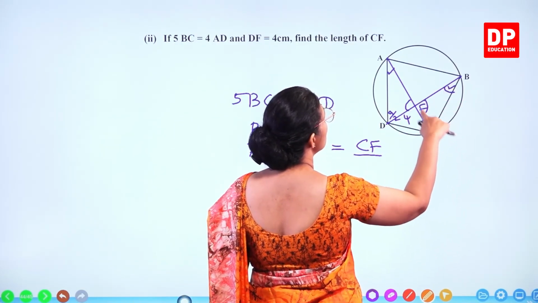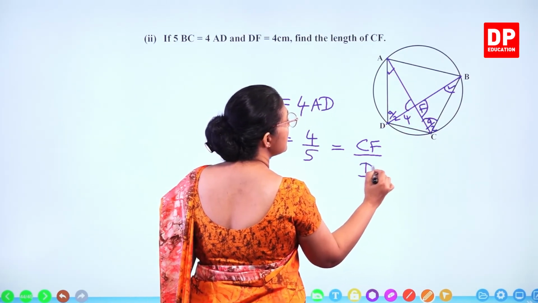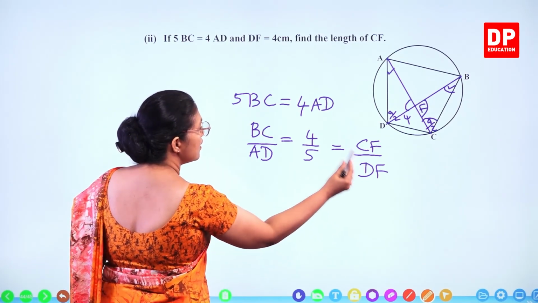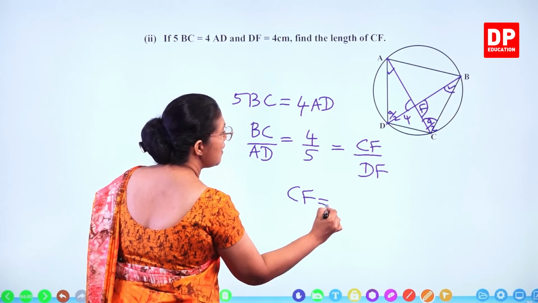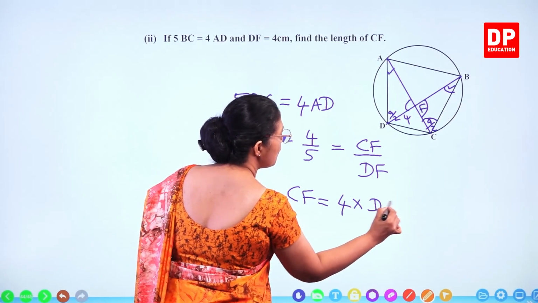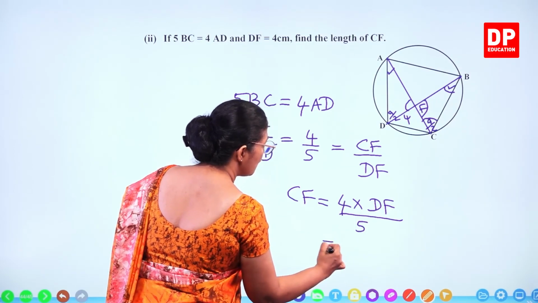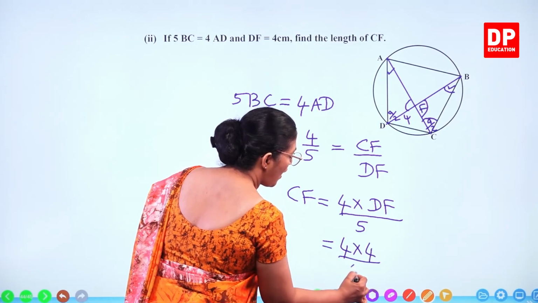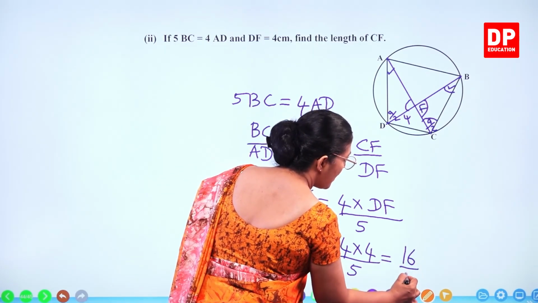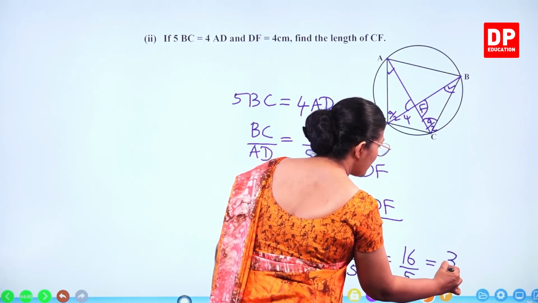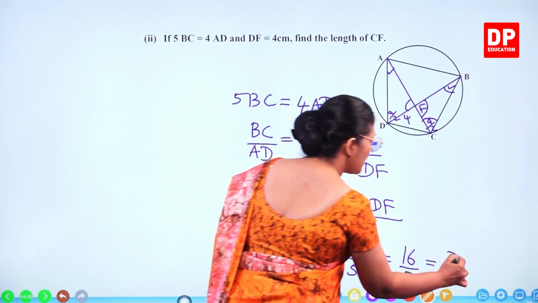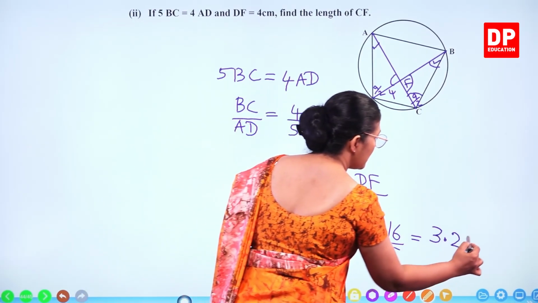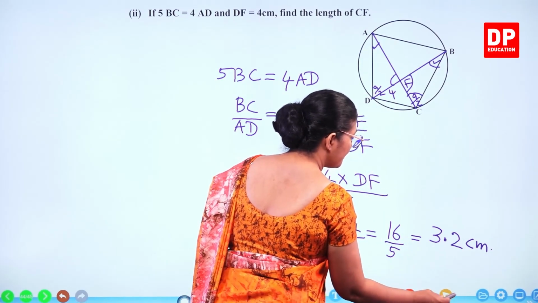This side is same as DF. So this ratio is the same. So what is CF? From this equation you can write CF is 4 times DF divided by 5. But we know DF is 4 centimeters. So 4 times 4/5. 16 divided by 5 is 3.2 centimeters. CF length is 3.2 centimeters.